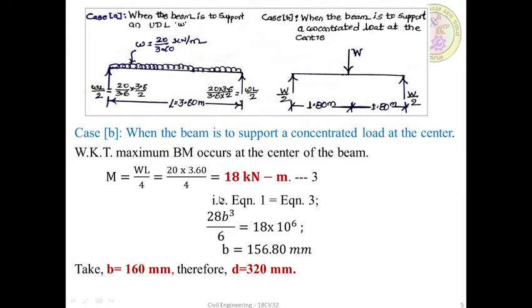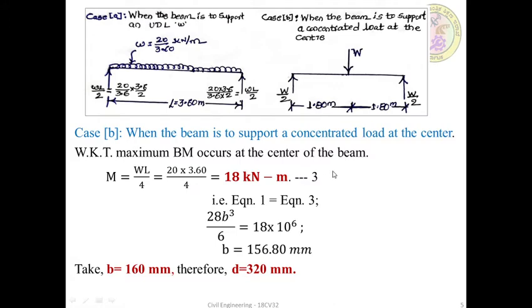So that is given, after substituting the values for W as well as L, we get 18 kilonewton meter. Again, this is the applied moment due to the point load acting on the beam. So in order for the equilibrium condition to exist, the resisting moment should be more than the applied moment.